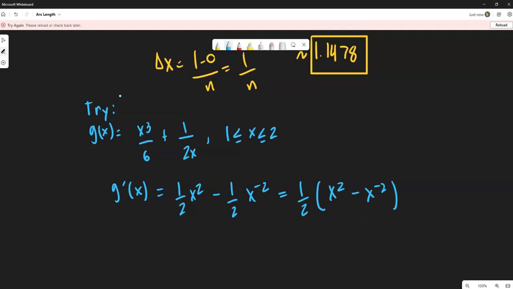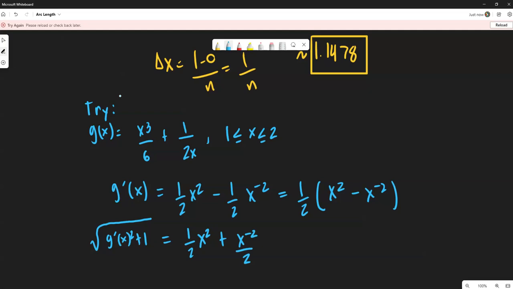But notice that if you find g prime of x squared plus 1, you're going to find that once you square this and then add 1, the expression becomes 1/2 x squared plus x to the negative 2 divided by 2.